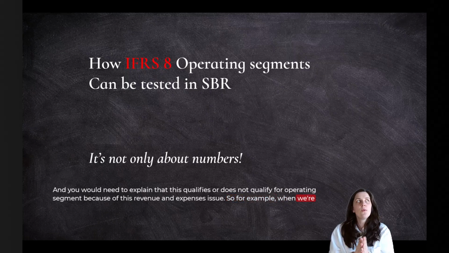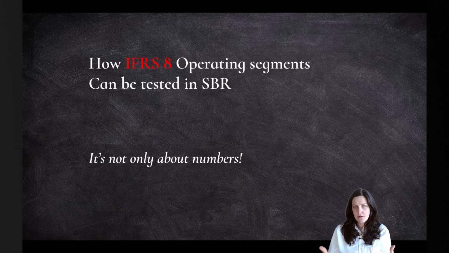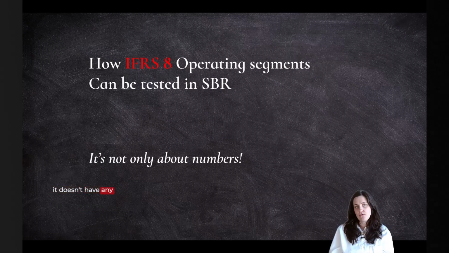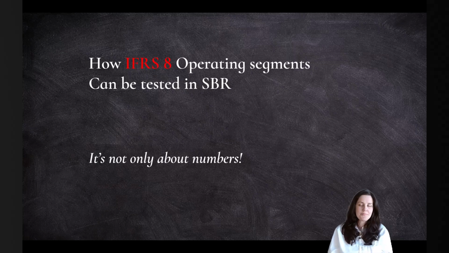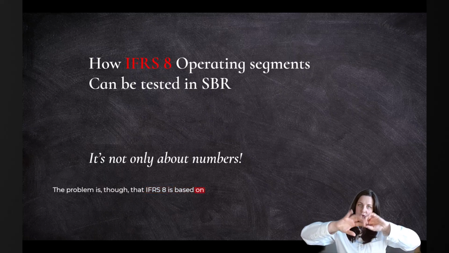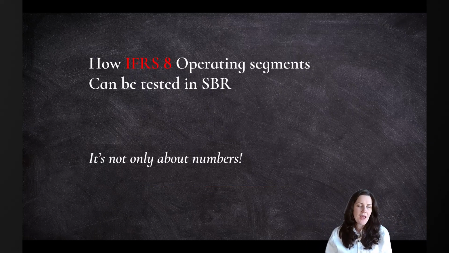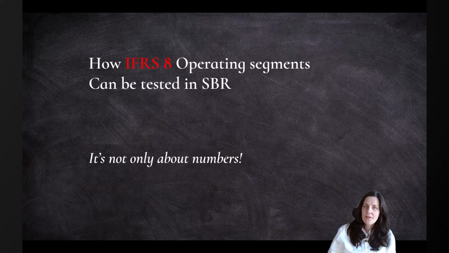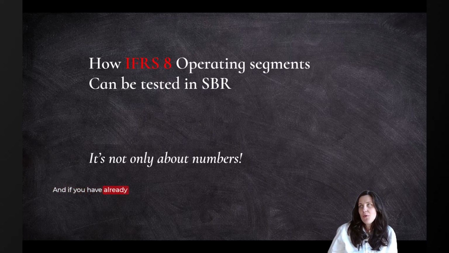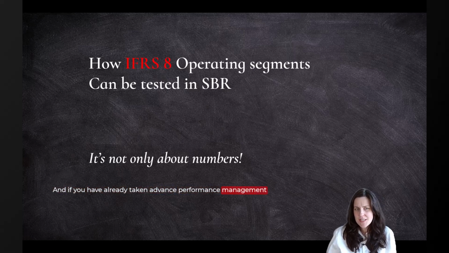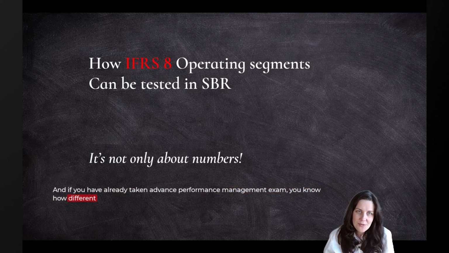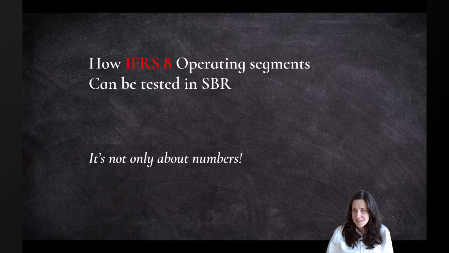So, for example, when we're talking about head office, it doesn't have any revenue, right? The problem is, though, that IFRS 8 is based on management accounting, which has nothing to do with IFRS. And if you have already taken the Advanced Performance Management exam, you know how different management accounting is.